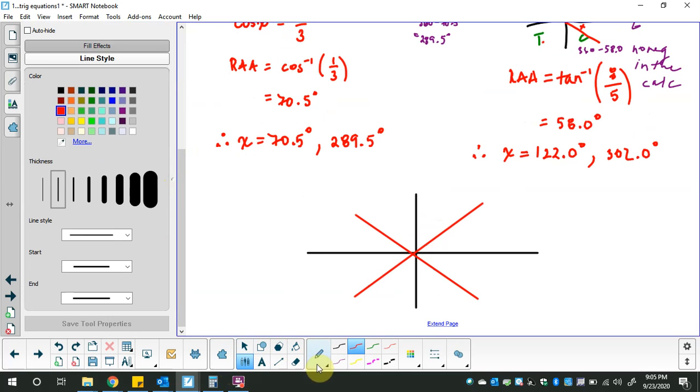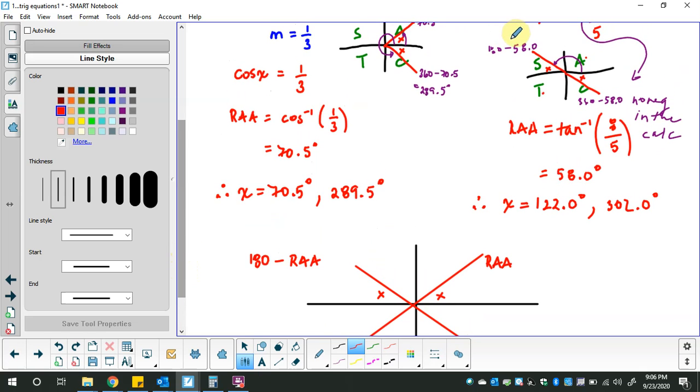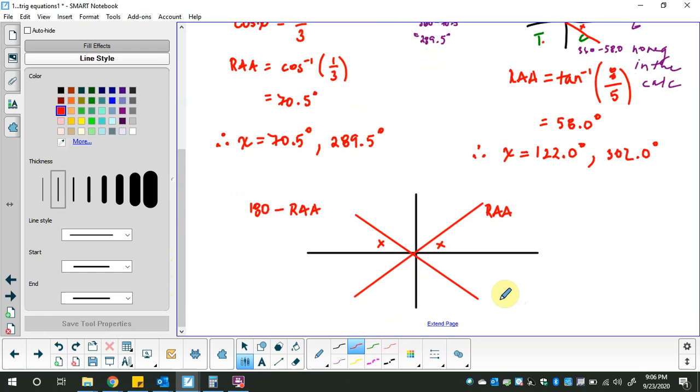If you're in this quadrant, your RAA is your answer. If you're in this quadrant, the math you will always do is 180 minus your RAA. And we did that here. If you are in quadrant 4, it's 360 minus your RAA.